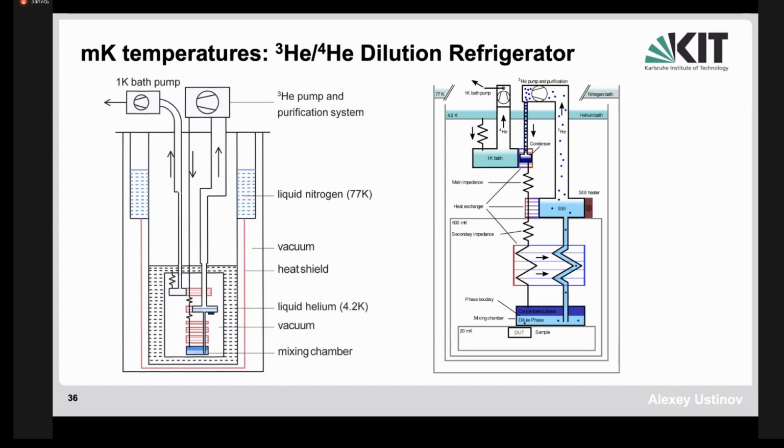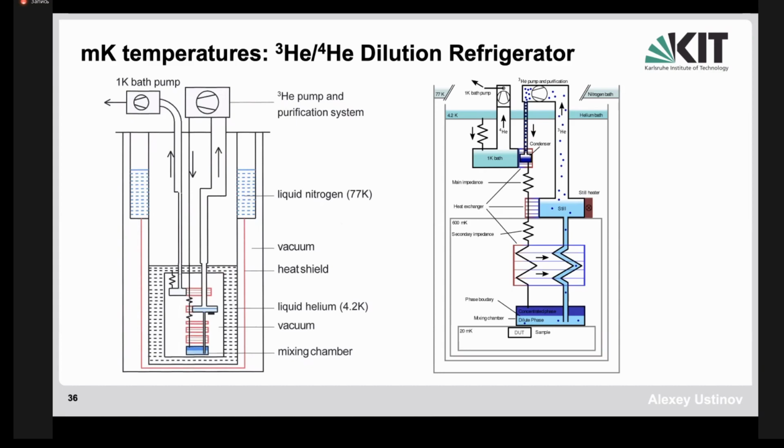One is the dilute phase, where there are fewer atoms of helium-3, and the other is the rich phase, where there is mostly helium-3. When atoms of helium-3 go through the surface between the two liquids, they take away a lot of energy. The enthalpy of this crossing process is very high, and it makes it possible to achieve temperatures down to almost 10 millikelvin or even less, depending on the strength of your pump.